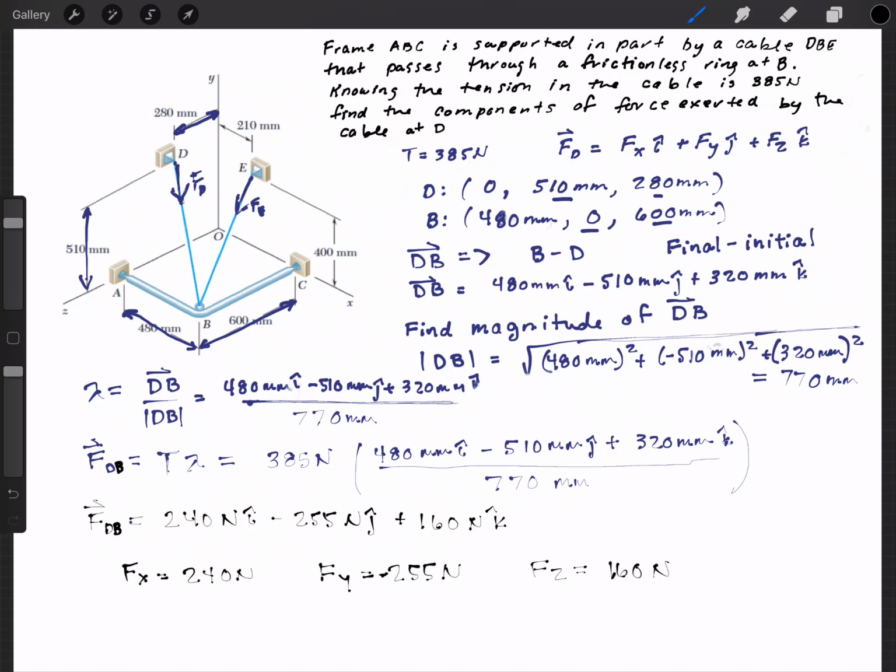Those are the components of the force exerted by the cable at point D. And we could do the same thing for the forces at point E.